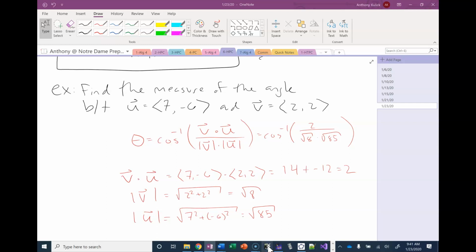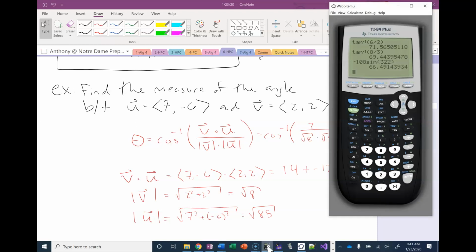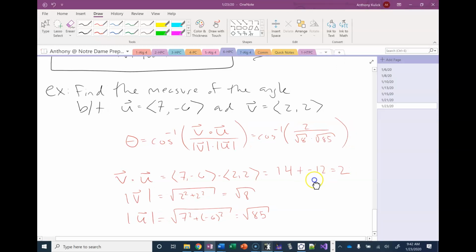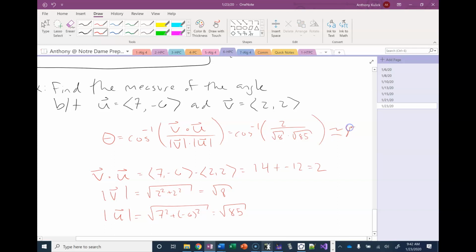And now it's calculator time. So I'll just do cosine inverse of the fraction 2 over root 8 times root 85. So I get 85.60. That's the angle between those two vectors.